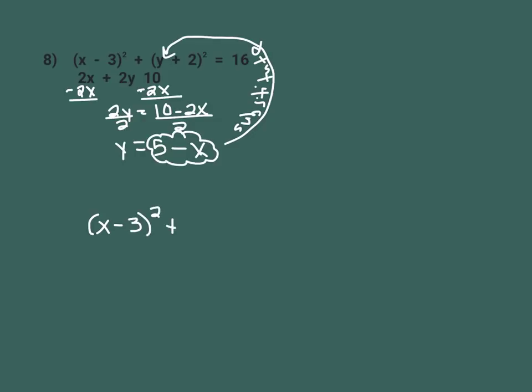And then plus, in place of this y, we're going to substitute 5 minus x. Now, don't forget about this plus 2 here, though, okay? Even though we're substituting for y, we still have this plus 2. So let's write plus 2, and then just finish writing the squared equals 16.